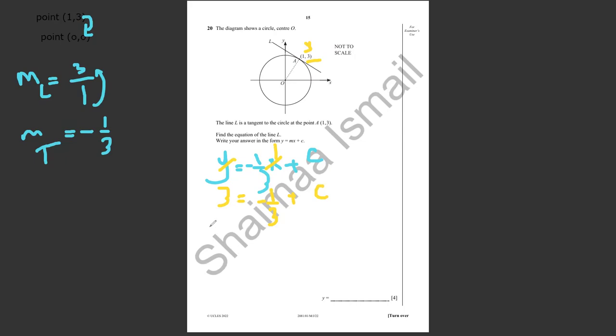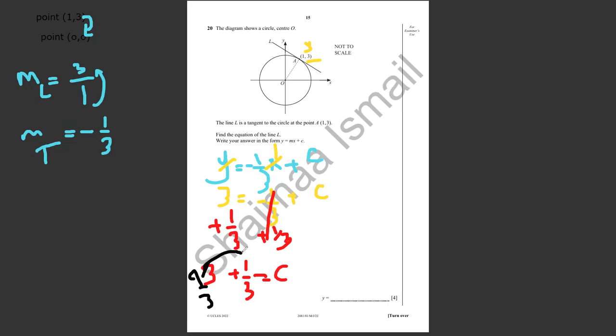Okay, so simply add 1 over 3 to both sides, negative plus positive. So c equals 3 plus 1/3. Merge them, don't leave it. So we can take this 3 and make it 9 over 3, just to make it the same denominator.